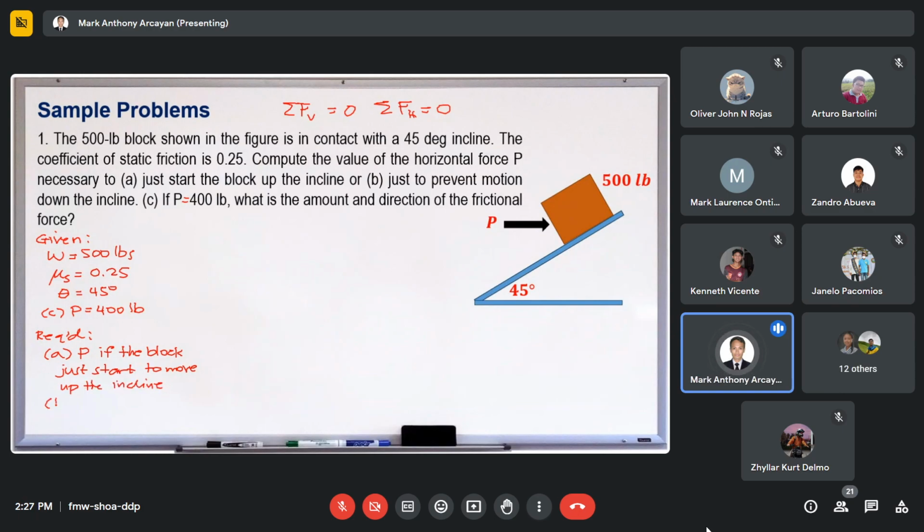Then letter B, the value of P if the block is prevented from sliding down the plane. Down the incline.